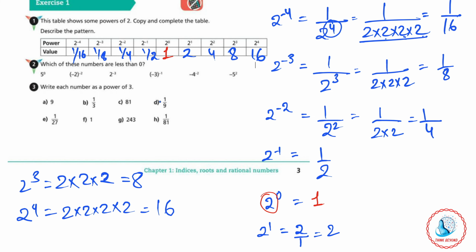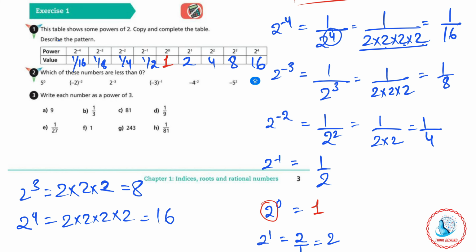Okay, now here what you have to describe is the pattern. So what is the pattern you are seeing here? 1 over 16, 1 over 8, 1 over 4, 1 over 2, then 1, 2, 4, 8 and 16. The complete table is shown above.